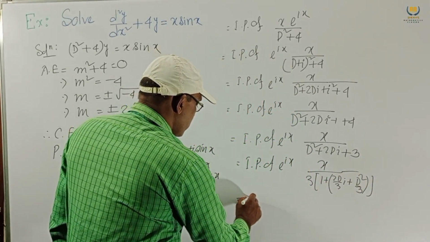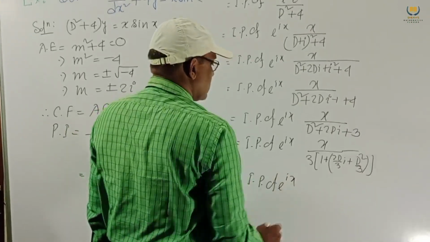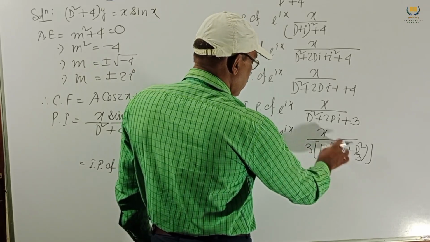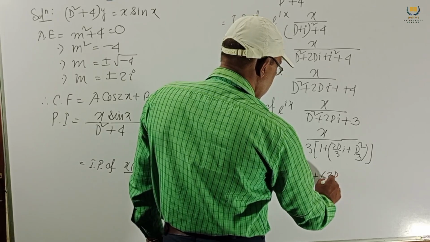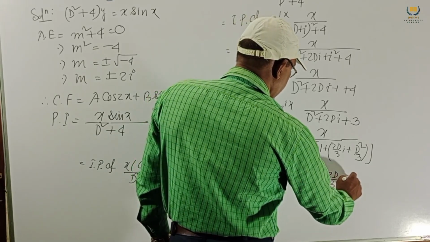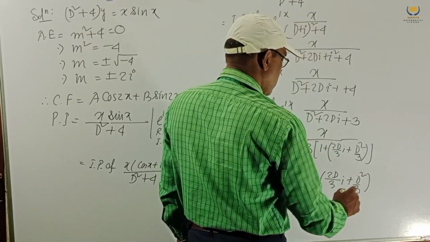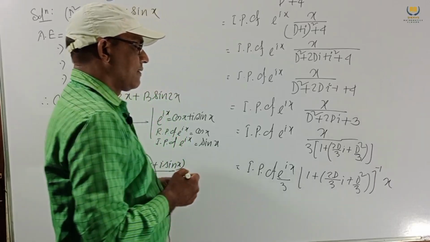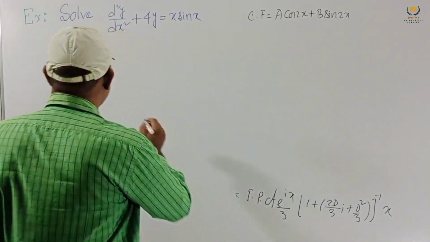And this equals the imaginary part of e to the power ix, taking this outside, the numerator is 1 plus 2Di by 3 plus D² by 3, whole to the power minus 1, times x. So we expand binomially.